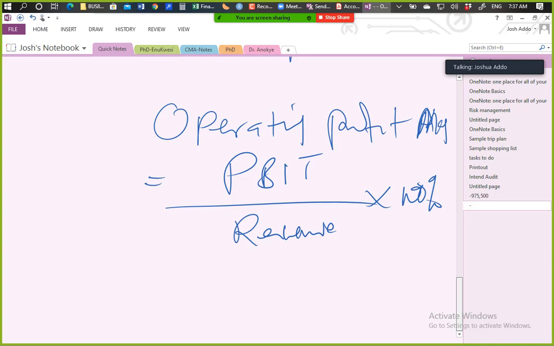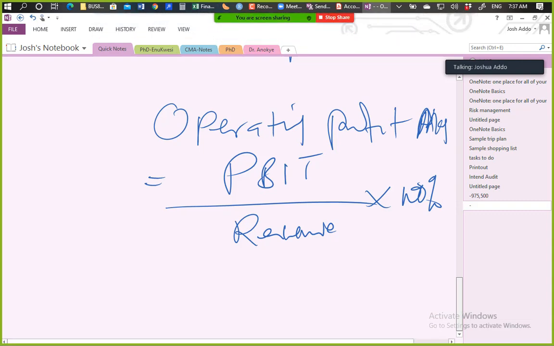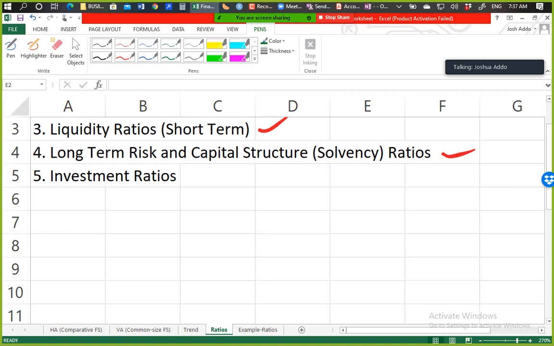So now that we have the formula, let's go back to the question and do the calculation. The top part of the formula, in fact, all of the things for the formula will be gotten from the income statement. So we go to the income statement straight.